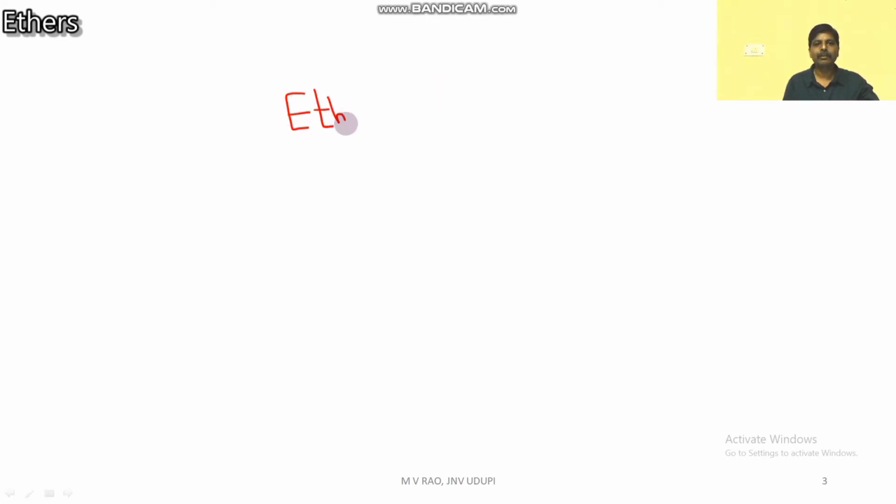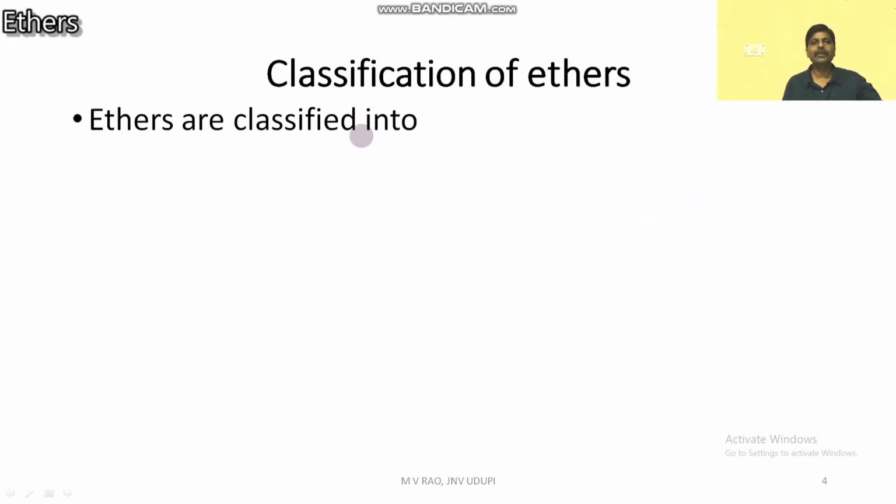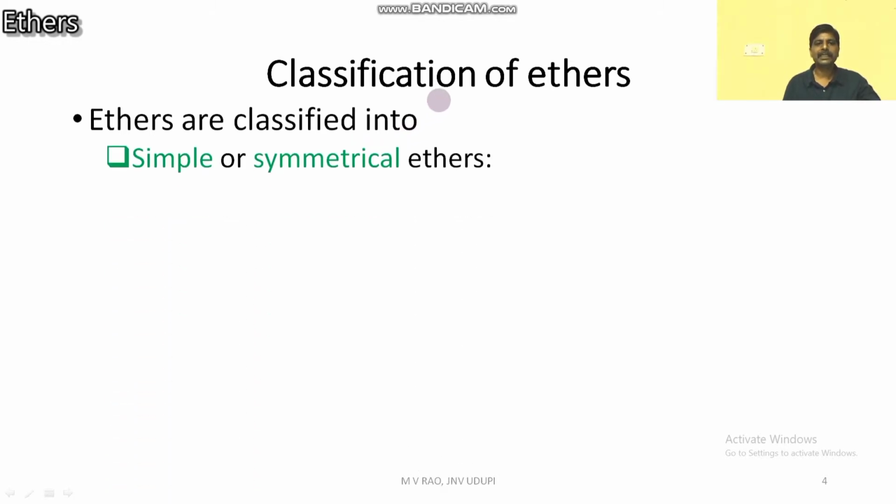You know what is the functional group of ethers? O. Functional group is O. General formula of ethers is ROR. Ethers general formula ROR or ROR dash. Both are there. So that's why ethers are classified into two types.